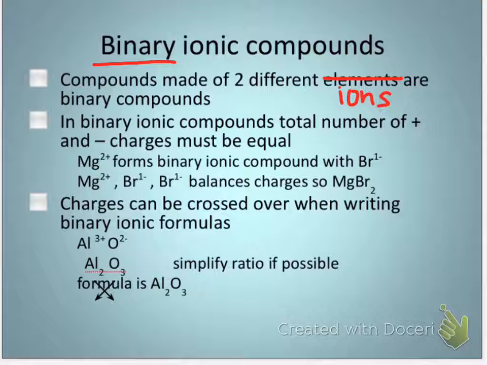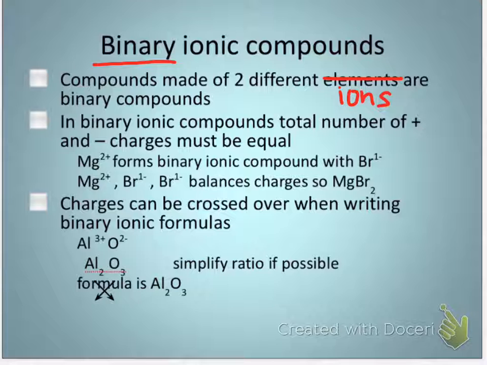When we have a binary ionic compound, the positive charges and negative charges have to balance, so that overall the compound is neutral. That's how they are stable. Remember, everything in chemical bonding is about lowering potential energy, increasing stability, making it stable, stable, stable.